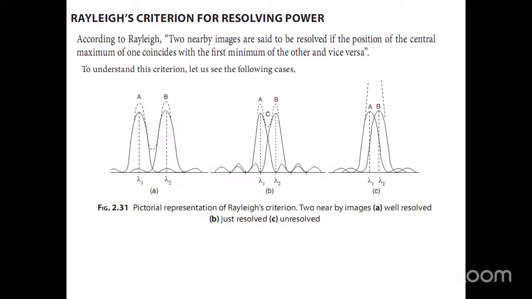Two nearby images are said to be resolved when the position of the central maxima, you can see here, of the first one coincides with the first minima of the other.